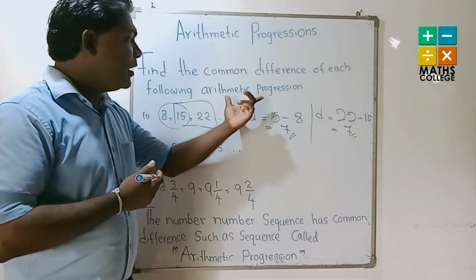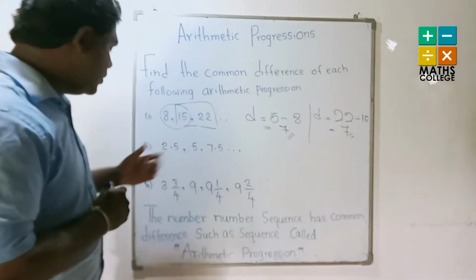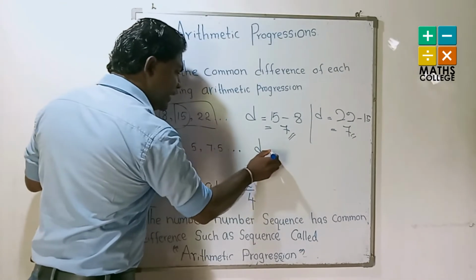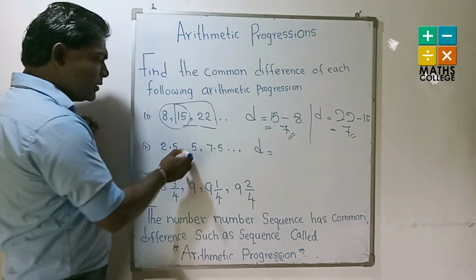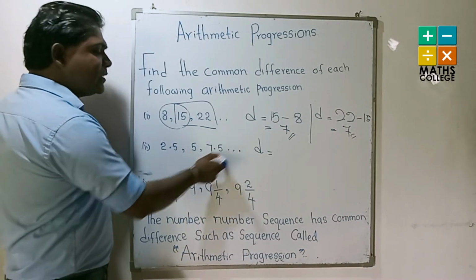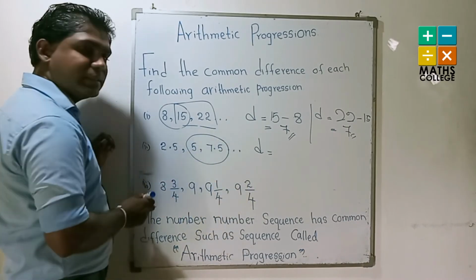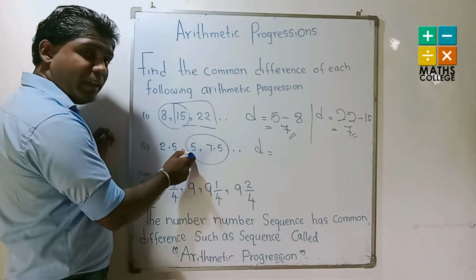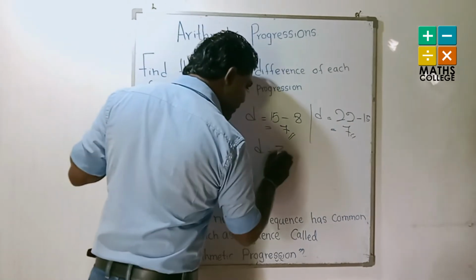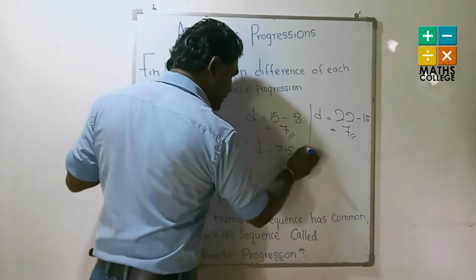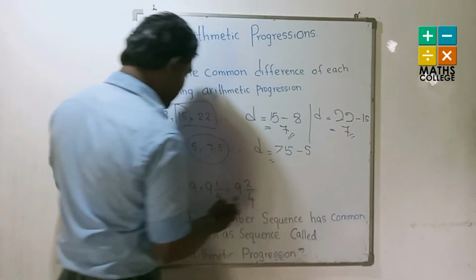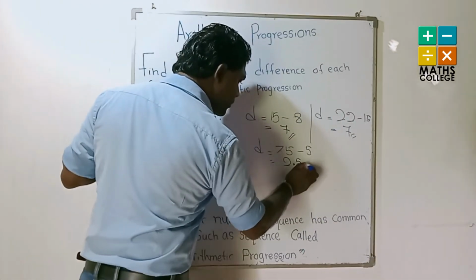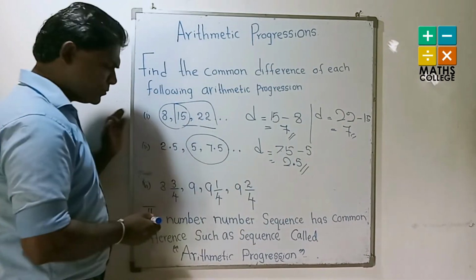Now, row number 2, you can find another one also. D is the common difference. When we consider these two consecutive numbers, 7.5 is the second term and 5 is the first term. 7.5 minus 5, what is the answer? 2.5. This is the common difference.